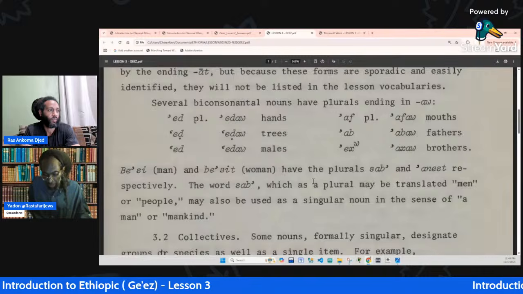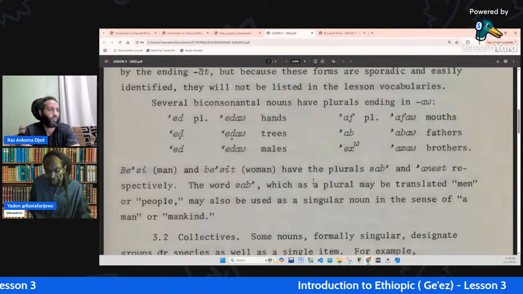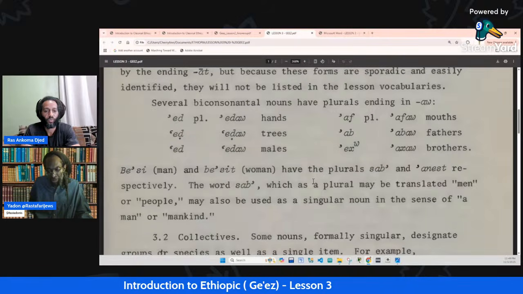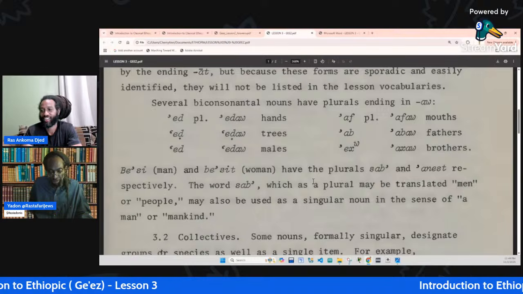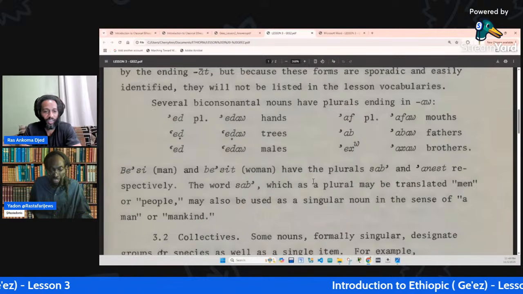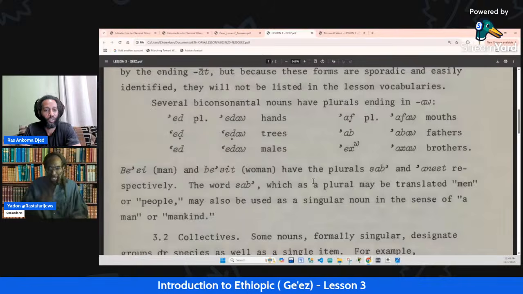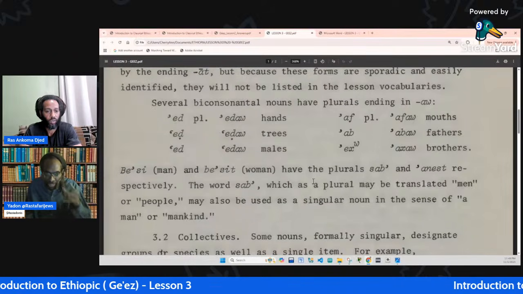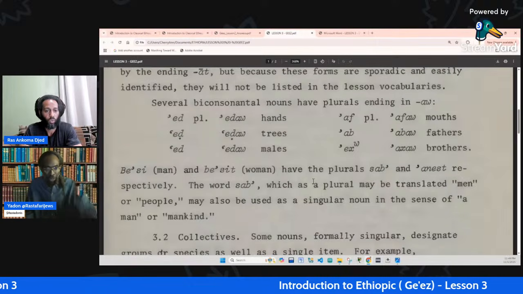For example, there is id. This is interesting because in Hebrew we have yad, and in Amharic we have ij. So here's where ij comes from. Ij is hand, like ij no, my hand.